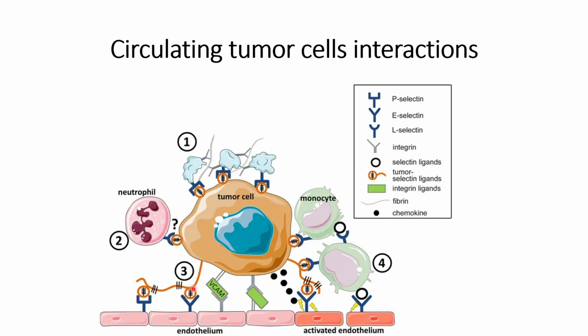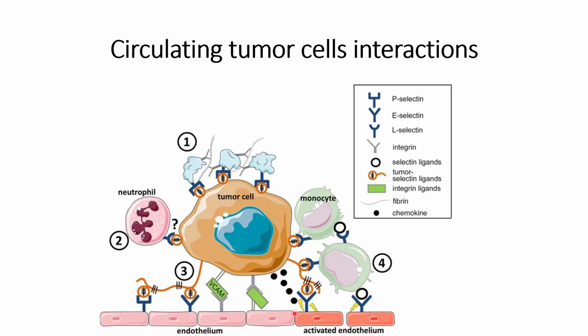P-selectin and E-selectin slow down the movement of the circulating tumor cells, and the VCAM and the integrin ligands thereby help in the firm adhesion of the tumor cells to the endothelium cells.